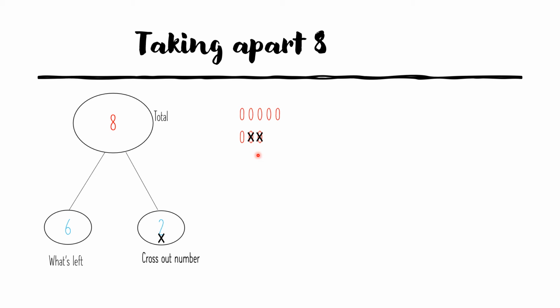That means 2 circles were taken away. We know that our crossout number goes in this part of the number bond. And then finally, we have one more part to find. We have to figure out how many circles are left after we've crossed out 2 circles. Let's count. 1, 2, 3, 4, 5, 6.